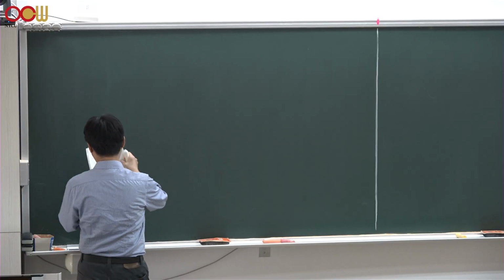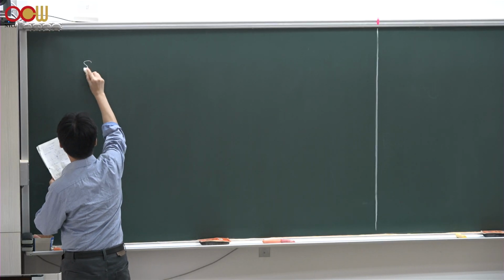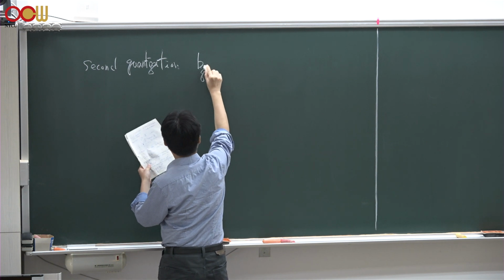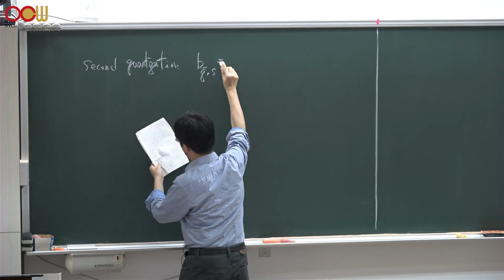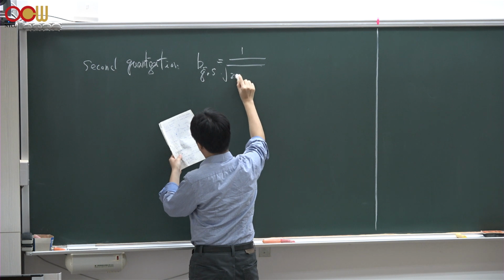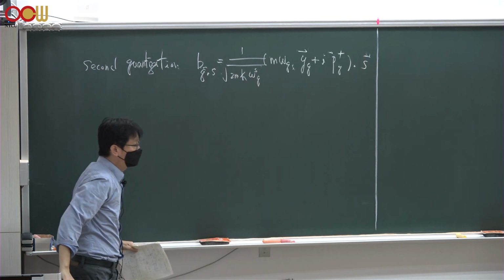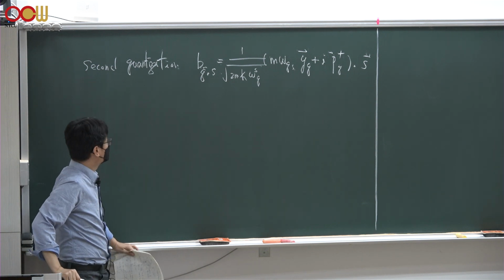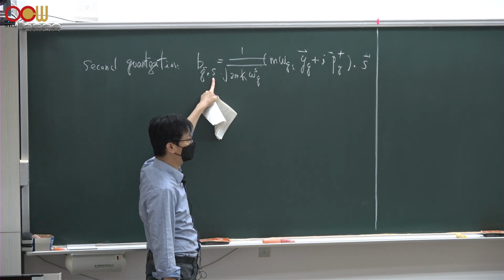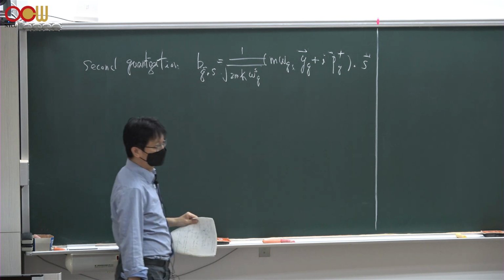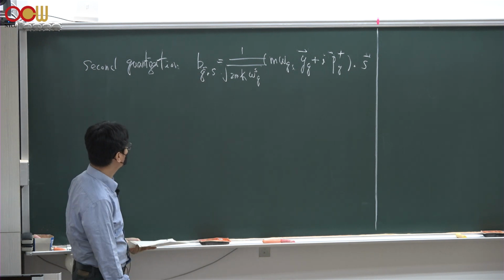So let's second quantize this. As we have done for one-dimensional phonons, we could define such a bosonic operator. But now we should differentiate different polarizations by attaching this polarization vector s to the boson field.